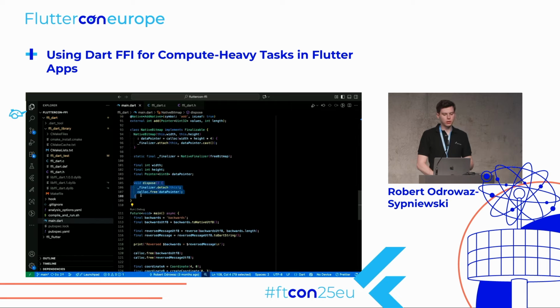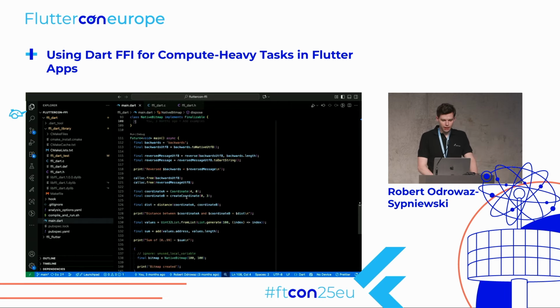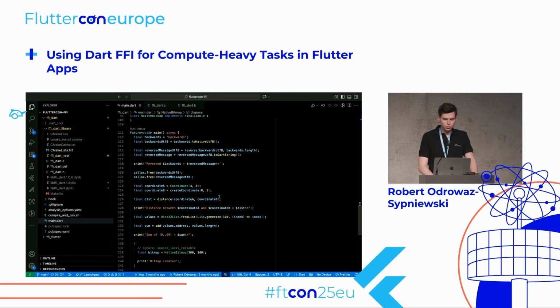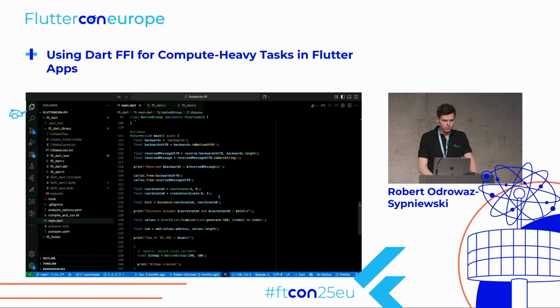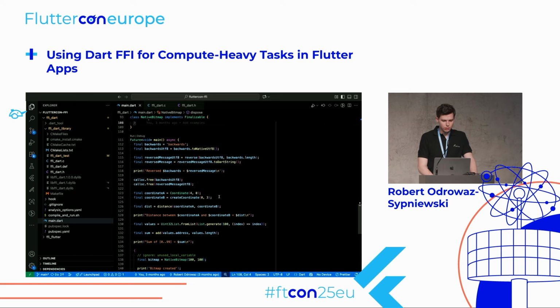Of course, if we call dispose manually, we need to remove this finalizer to avoid freeing this memory twice and causing a crash. Okay, and how do we actually use those functions?